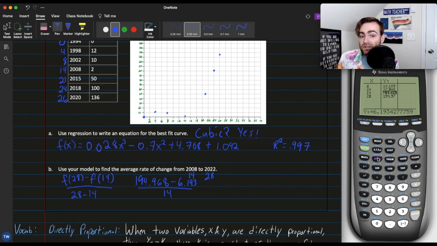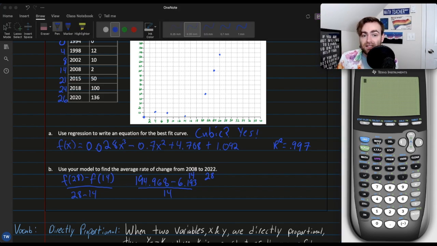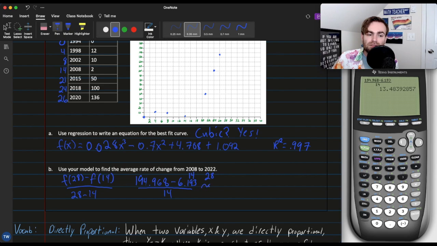And then our calculator can do that, so second quit, alpha y equals enter, 194.968, take away 6.193, all over 14, and we get about 13.484 as our average rate of change.